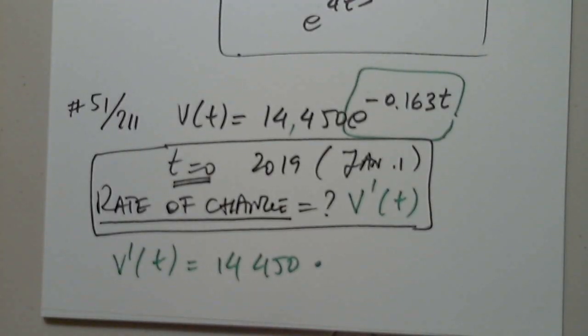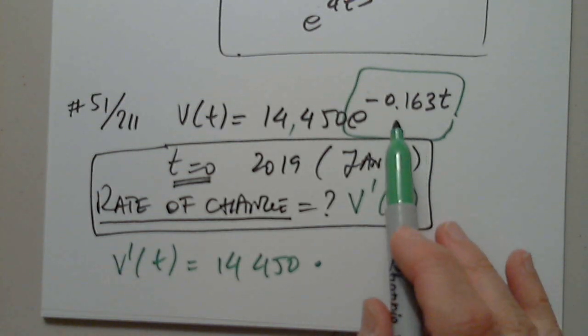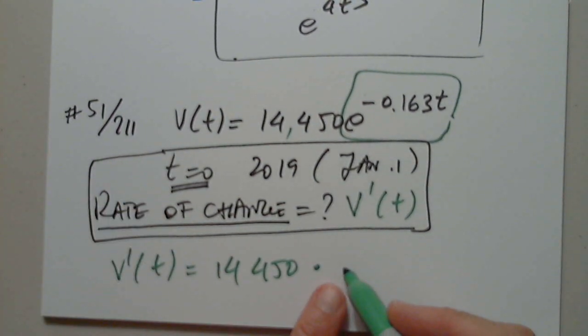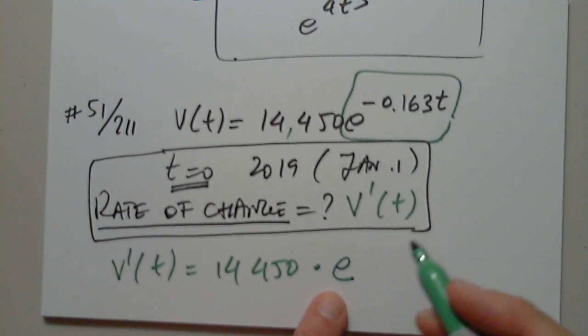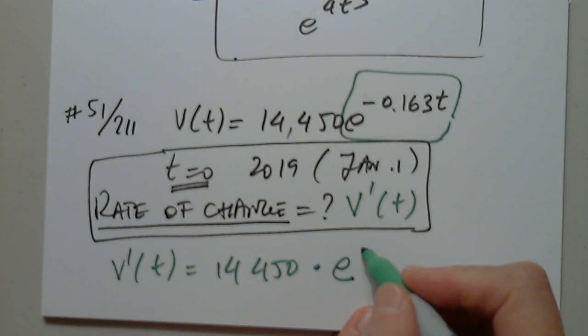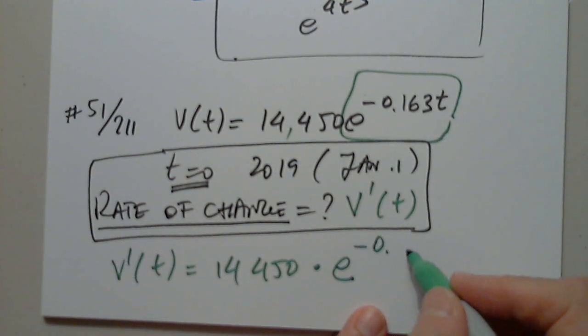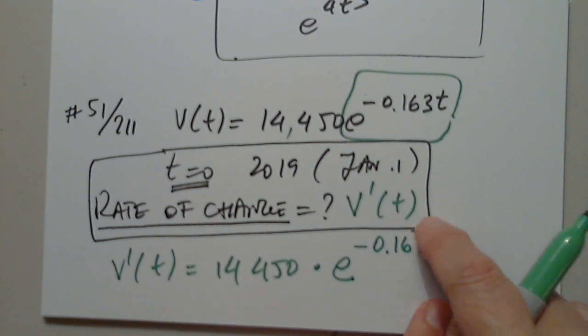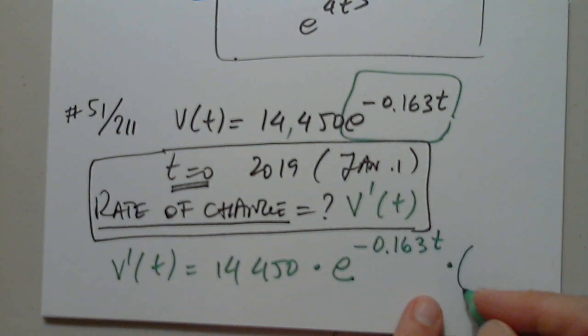So how do I write that? E to the negative 0.163 t, times the inner function prime, where we need parentheses because this number is negative.